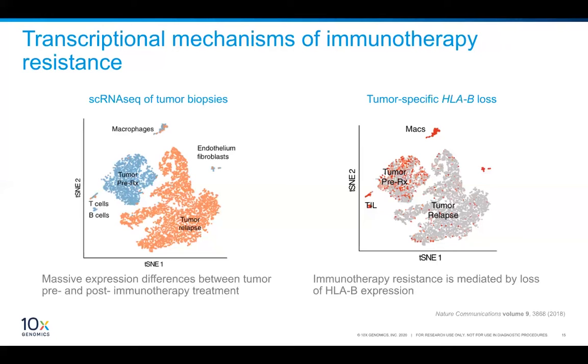Showing on these slides are two identical UMAP plots constructed with single-cell gene expression data from the tumor biopsy of one study subject. So you're looking at data of around 7,400 cells. The cells were obtained during pre-treatment, as shown in the blue clusters on your left, and at the late relapse or the acquired resistance state, shown in orange.